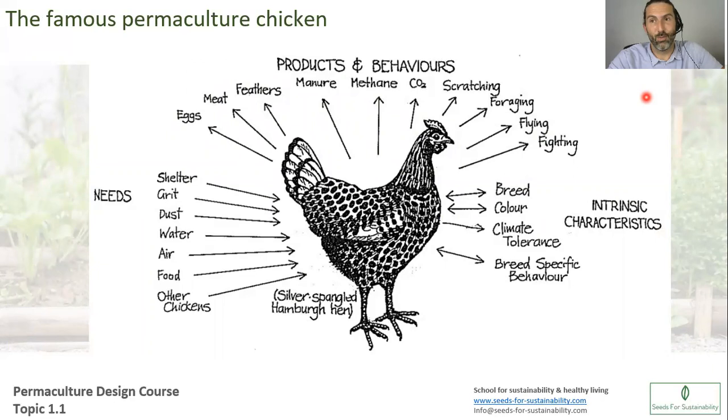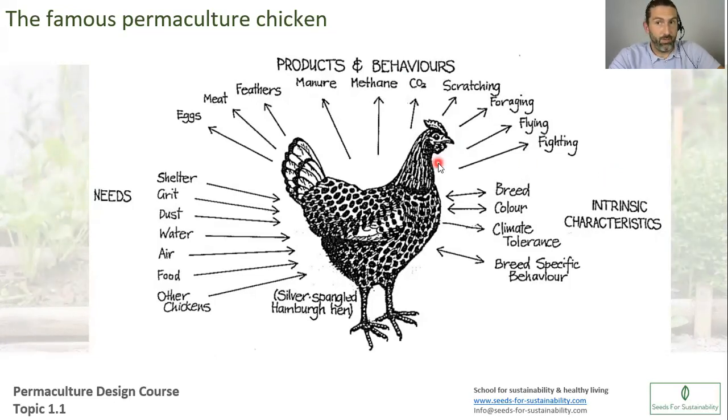This brings us to the famous chicken in permaculture, when we talk about the element analysis, basically. What that means is that we analyze all the elements in our design according to certain categories, which here will be needs, and then products, behaviors, and intrinsic characteristics. With those categories, you can analyze all main elements in your design.